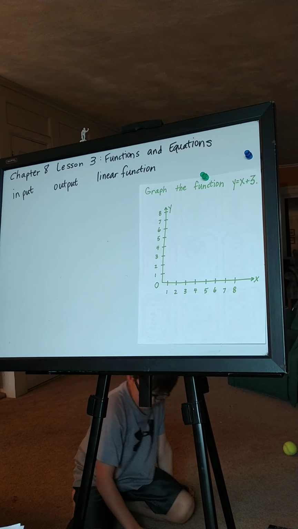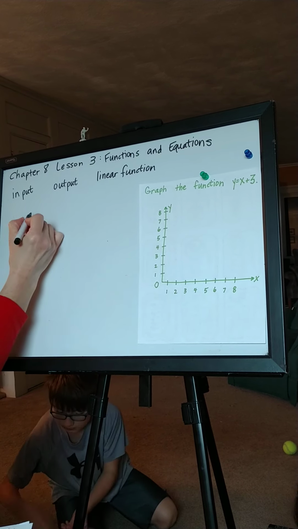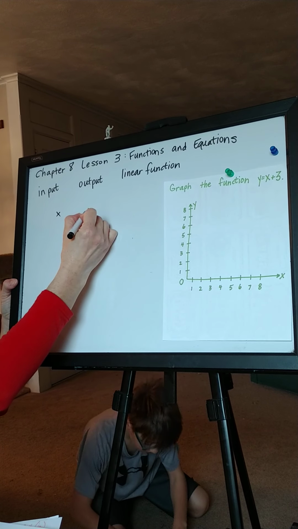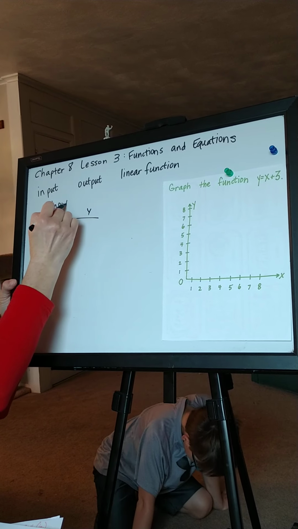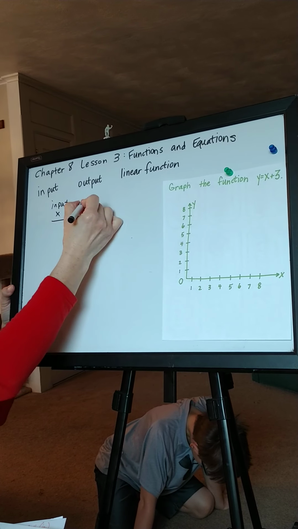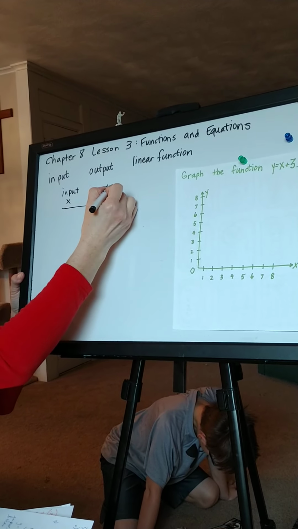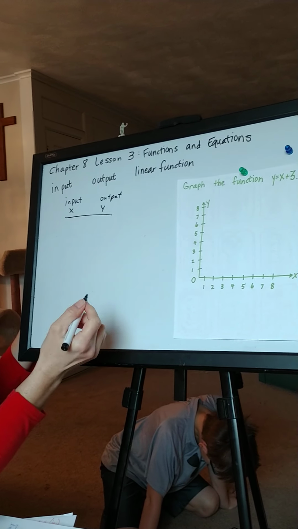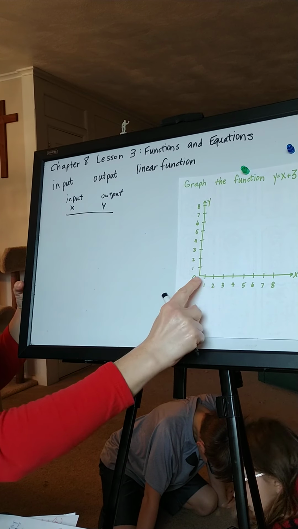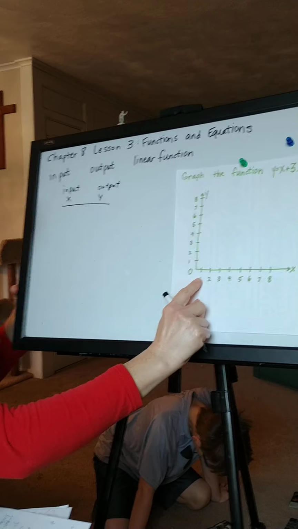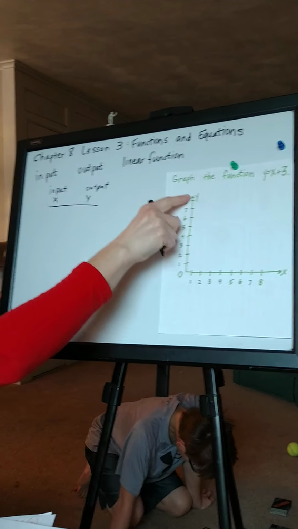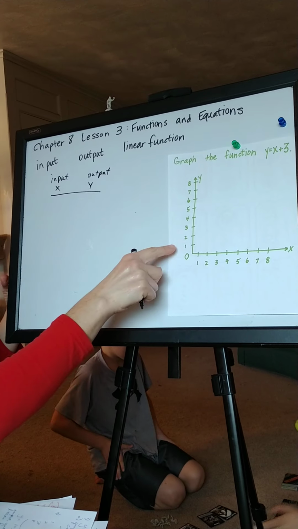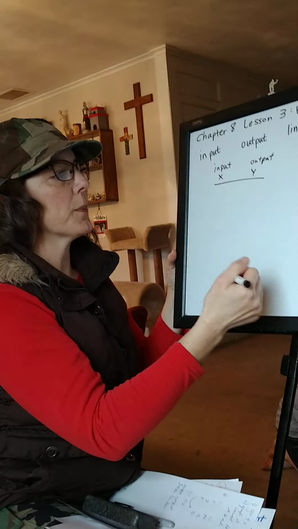So that means that if we have x values and we have y values, x is our input, what we start with, and y is our output, what we finish with. So let's say that our x values are going to be along the bottom axis and the y values are going to be along the vertical axis, just like graphing, which you know how to do.